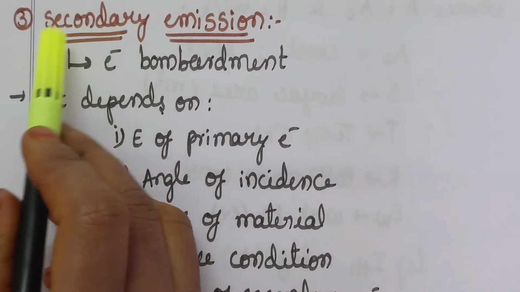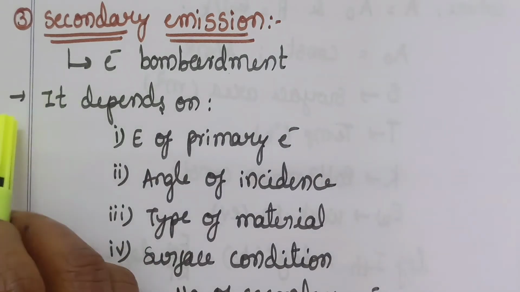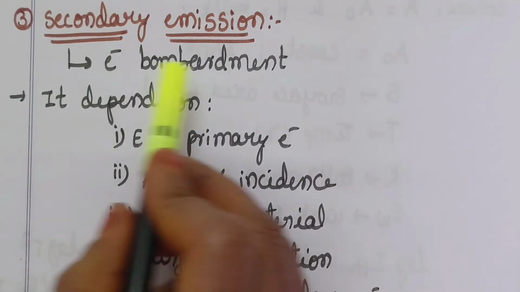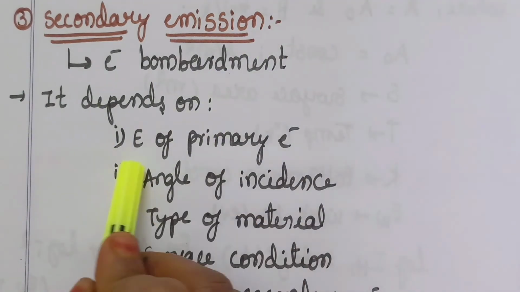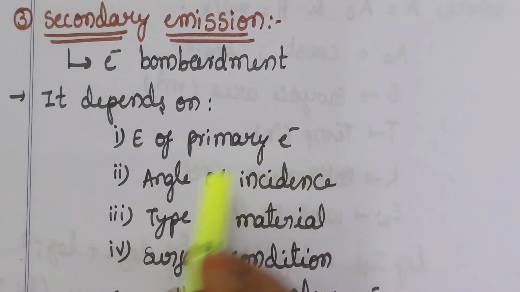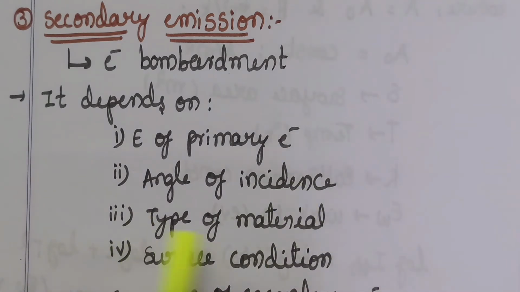The third type of emission is secondary emission. The emission of electrons due to electron bombardment is called secondary emission. This type of emission depends upon the energy of primary electrons, angle of incidence, type of material and the surface condition, that is, whether it is smooth or rough.